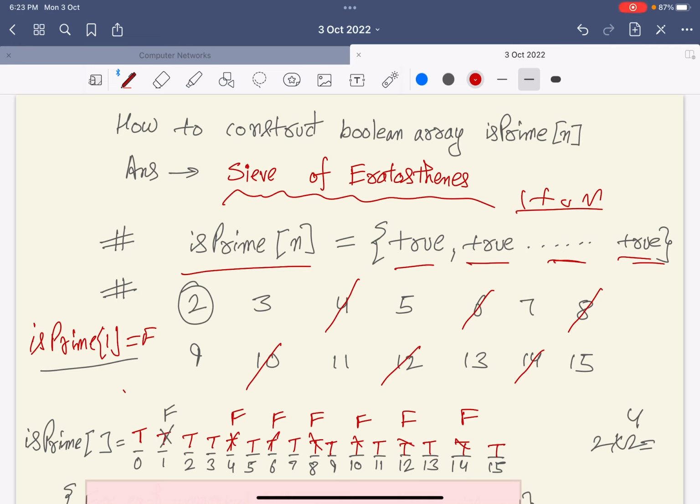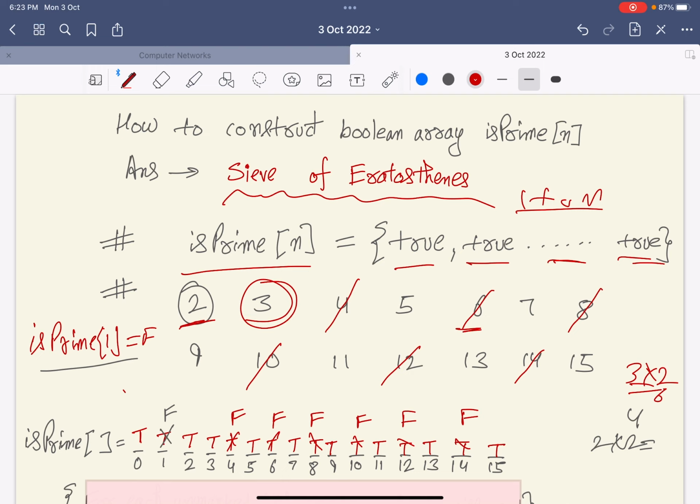Now in the next iteration, I start from the next unmarked number. The next unmarked number after 2 is 3. In 3, I don't start from the first multiple of 3, that is 3 times 2, which is 6. The first multiple of 3 is 6, but 6 is already marked in the process of marking the multiples of 2.